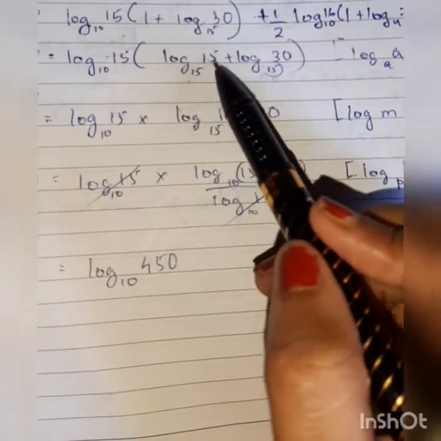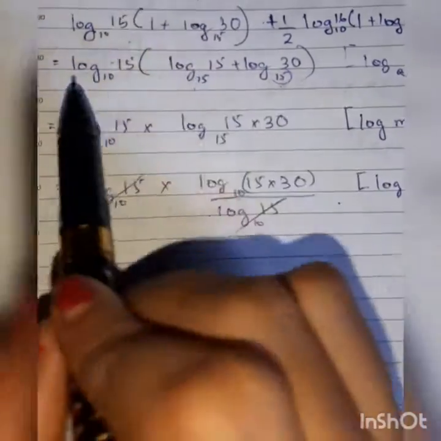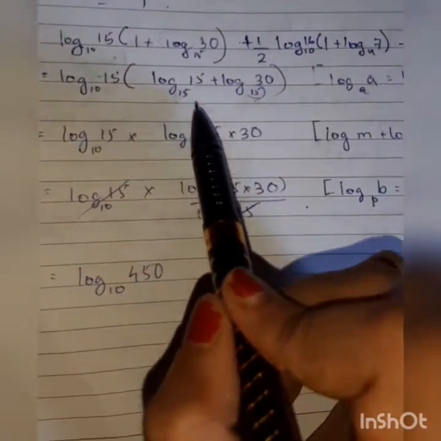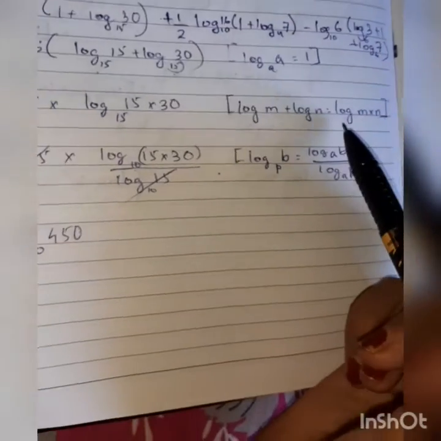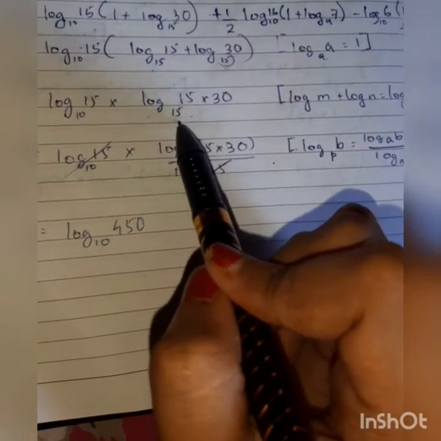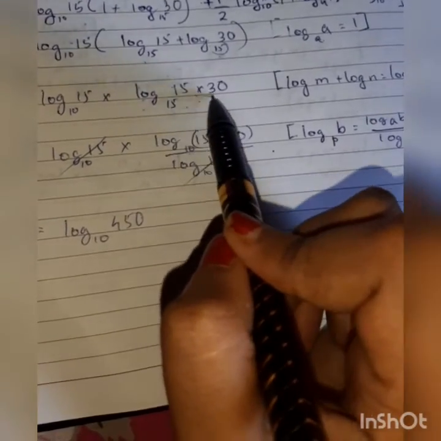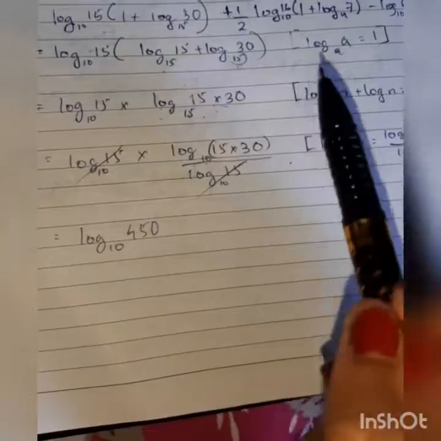So I have log 15 to the base 15 plus log 30 to the base 15. Now, since it is in the form log m plus log n, we will have log m into n. So log 15 to the base 15 into 30, that is log 15 into 30 to the base 15.